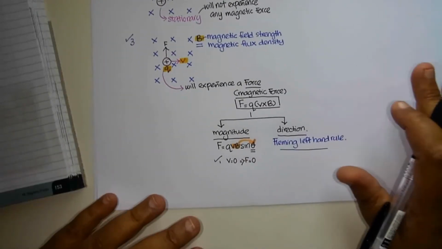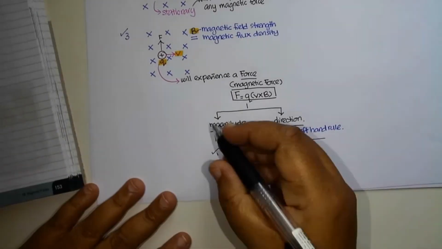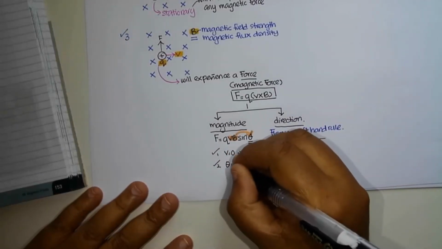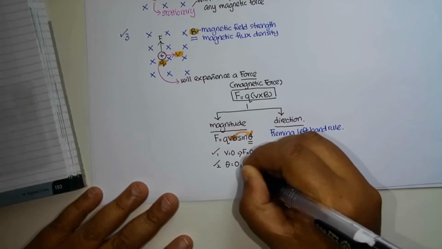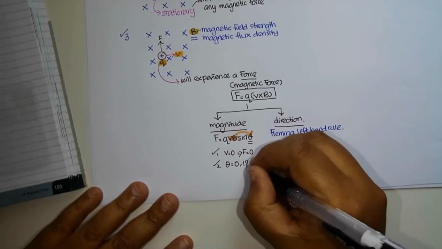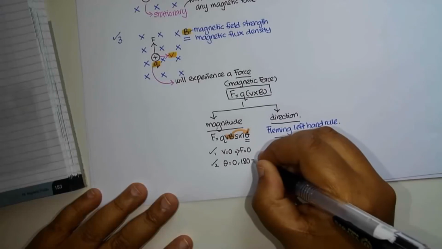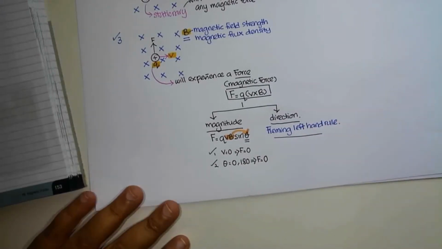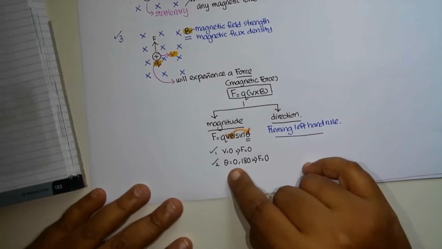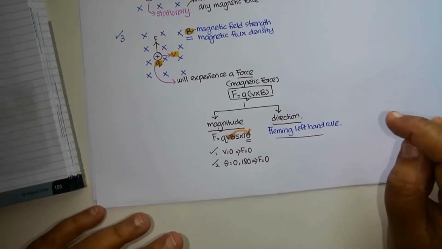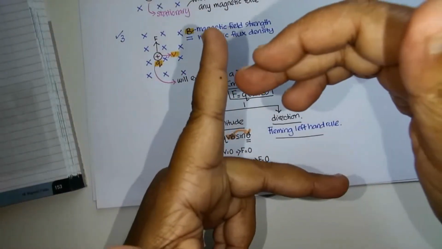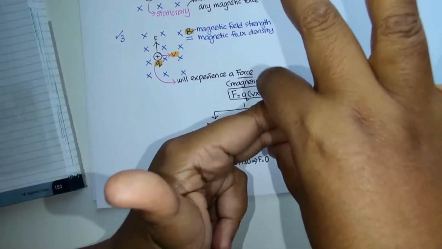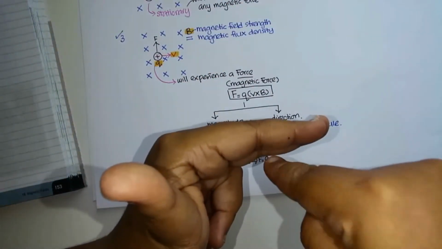Now, situation number 2. When theta is 0 or 180 degrees, then F becomes 0. When theta is 0 or 180 degrees, that means theta is the angle between B and V. So when theta is 0, V and B are parallel.